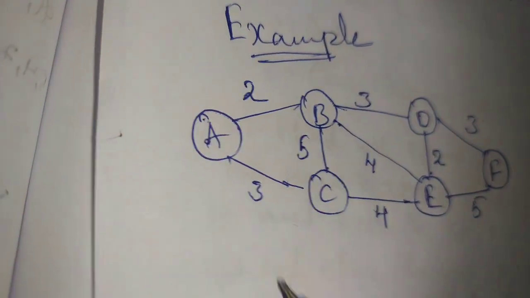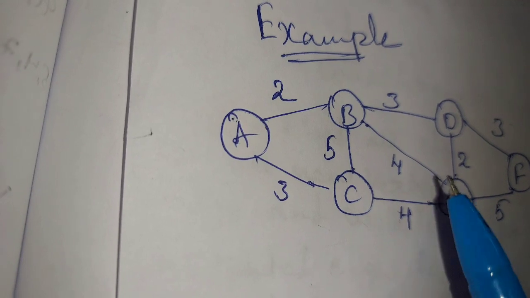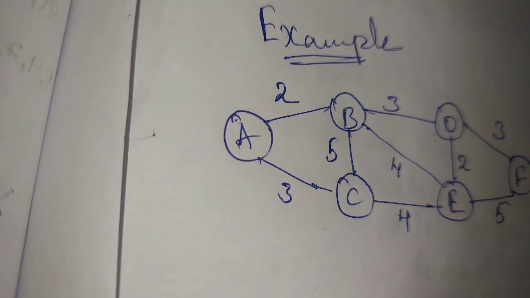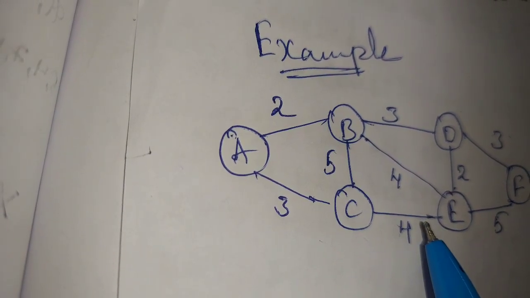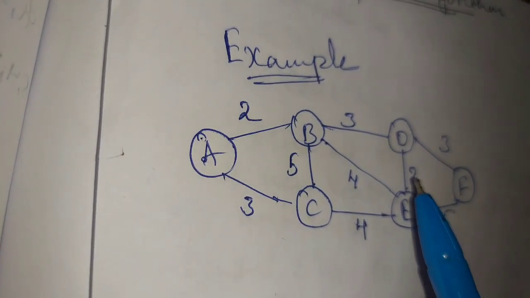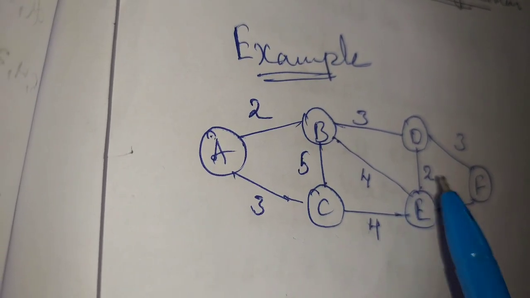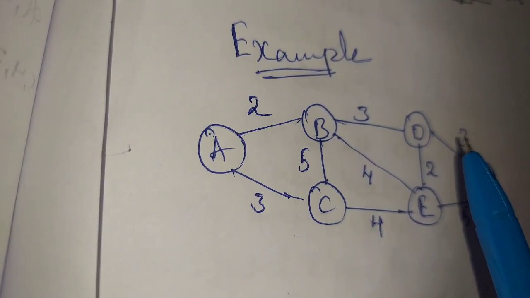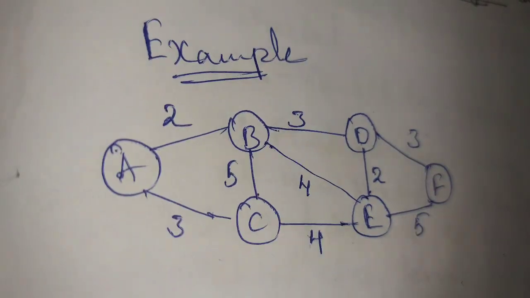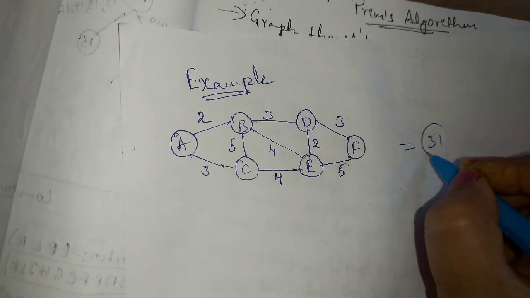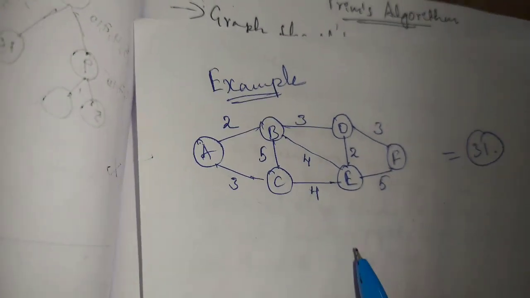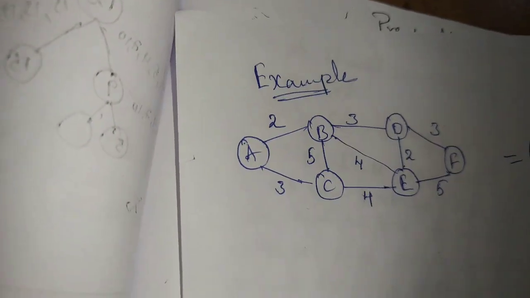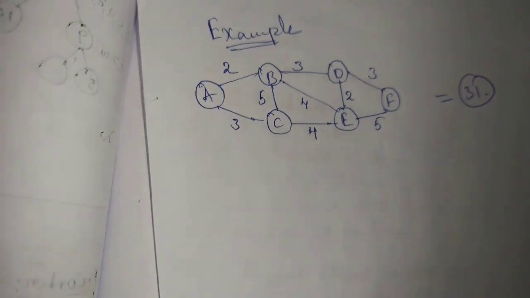The cost of this graph is 3 plus 2 is 5, and 5 plus 5 is 10, and here 3 plus 4, 17, 21, 23, 28, 29, 30, 31. The cost of this graph is 31. So we should minimize the graph cost, by following the rules.